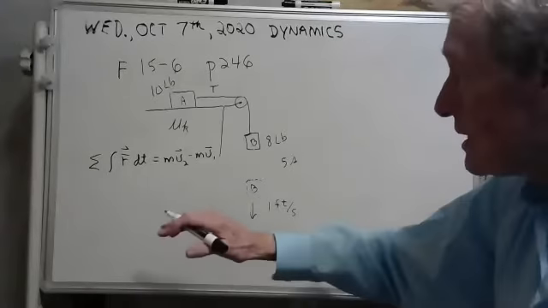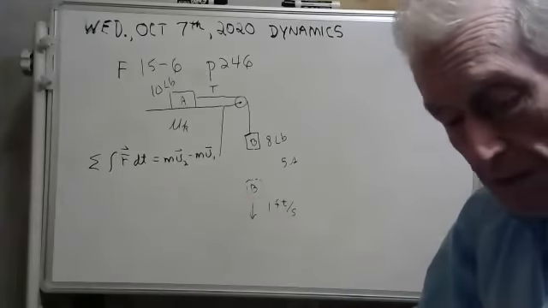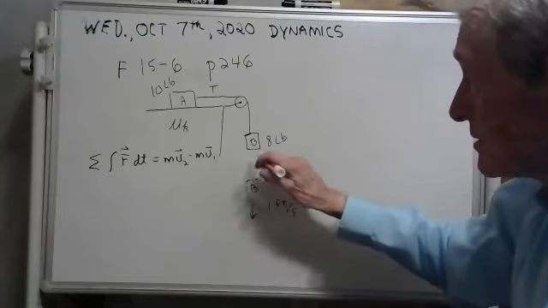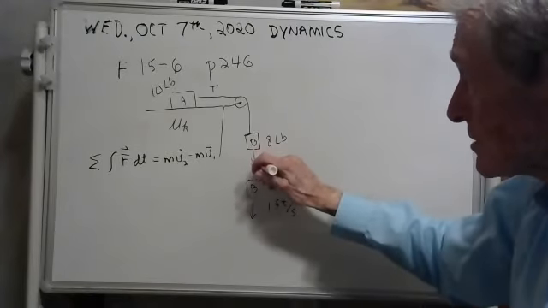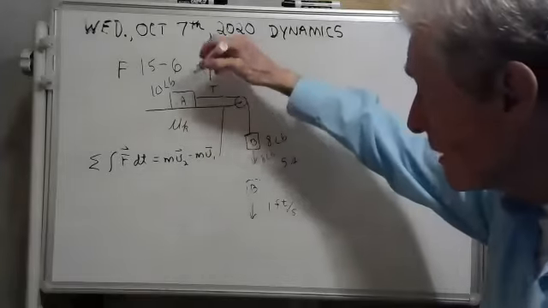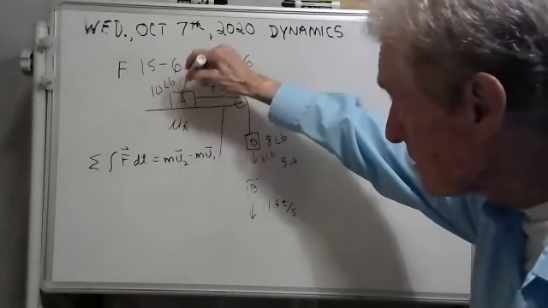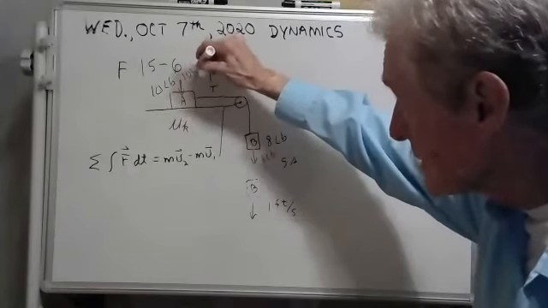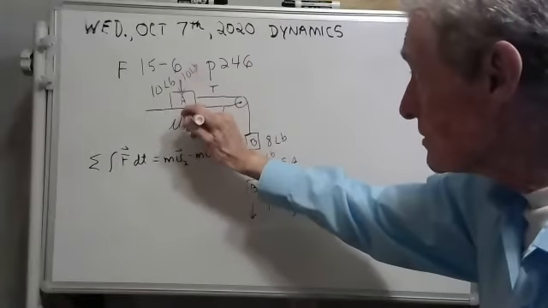Okay, well, let's do it. Well, wait a minute. What's the rules? You have to put the red stuff on there. So you got 8 pounds doing this. And you have 10 pounds doing this. And you have 10 pounds doing this.